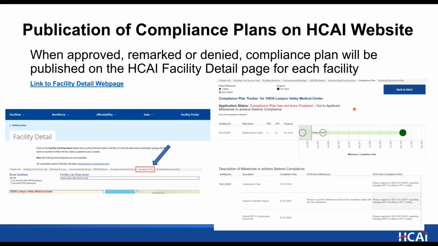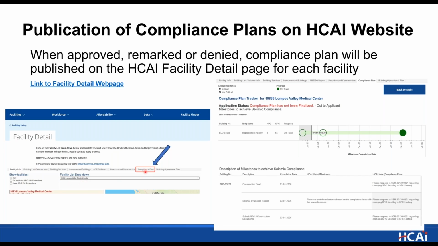So in terms of where all this information will be published, it's going to be on our website. If you are familiar with our facility detail webpage, which there's a link here, this is where you see your facility information, building list, building services, and many other things.